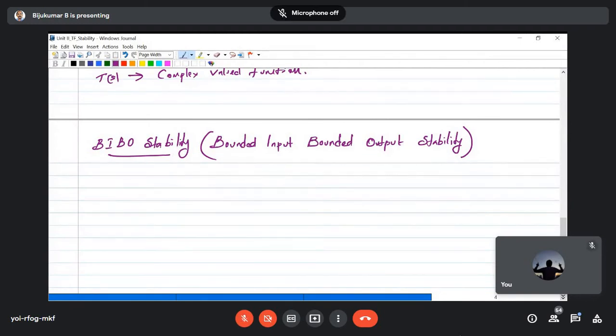Bounded input, bounded output. What BIBO stability says is that a system is said to be stable if its output is bounded for all possible bounded inputs.